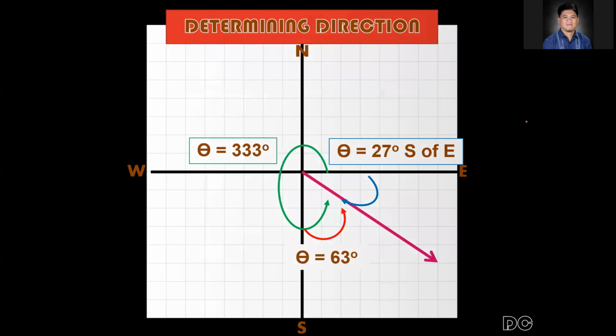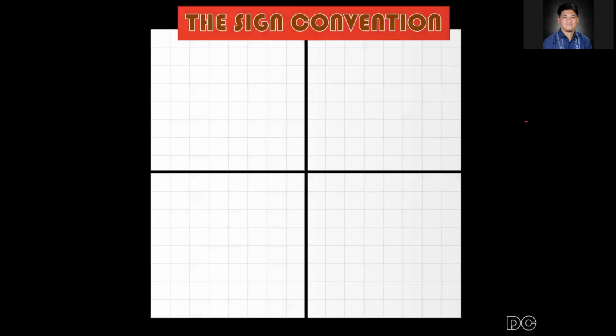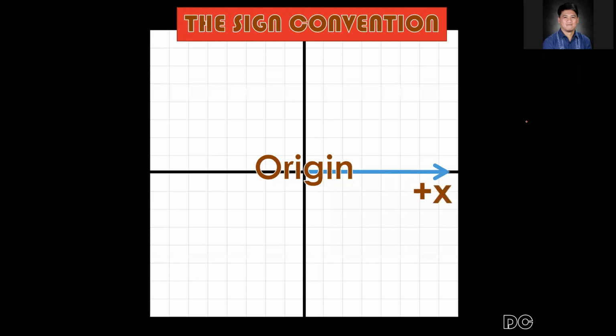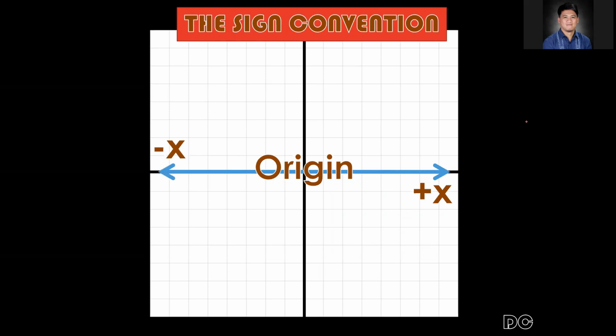So the intersection of our axes is the origin, this is the part where the x and the y axis is divided into positive and negative. So for x axis, which is the horizontal line, origin to the right is the positive x, and from origin to the left is the negative x. So origin upward is positive y, and downward is negative y.